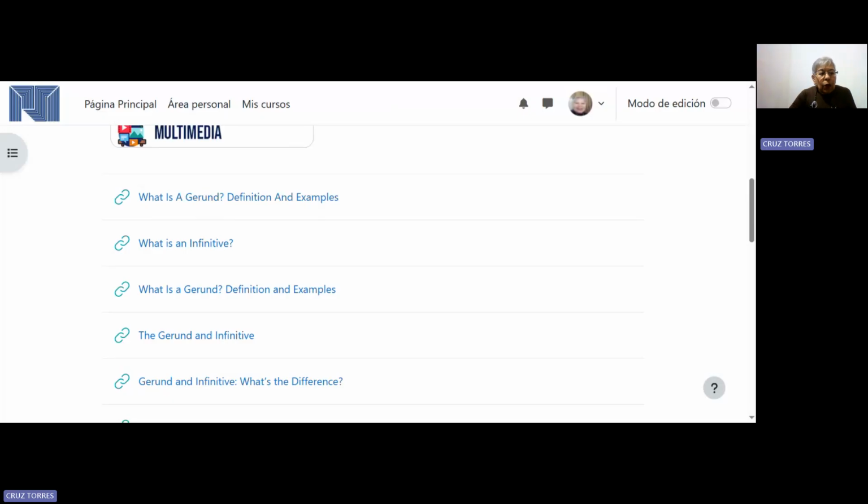As you may know, a verb is a word that refers to actions or states of being, and a noun is a word that we use to refer to people, places, things, and ideas. A gerund is like a blend of verbs and nouns. It looks like a verb, but it acts like a noun.